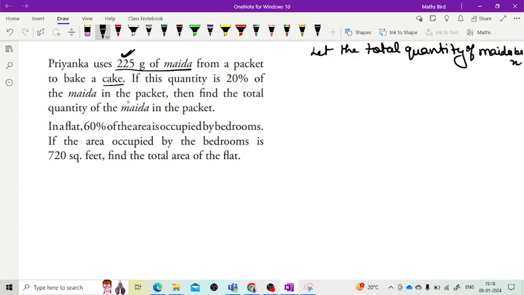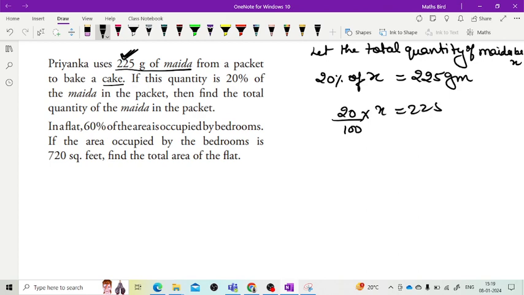अब कह रहे हैं 20% ऑफ मैदा. If this quantity is 20% of maida and we are assuming total quantity of maida is x, so 20% of maida, and maida is x, is equal to which quantity? 225 gram. Now 20% means 20 upon 100, of means multiply, x equal to 225 gram. The zeros will cancel out, 2 1 ja 2, 2 5 ja 10, it will be x by 5, 225 gram.